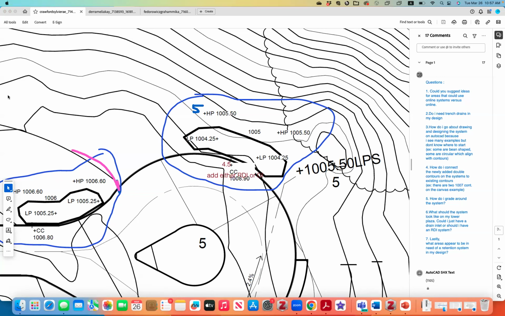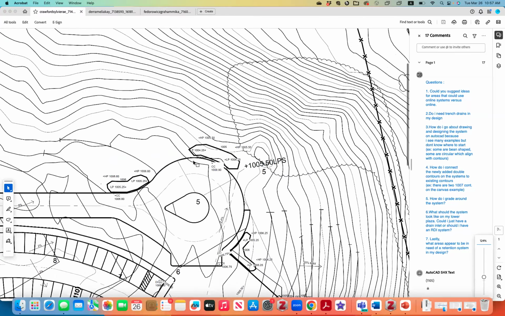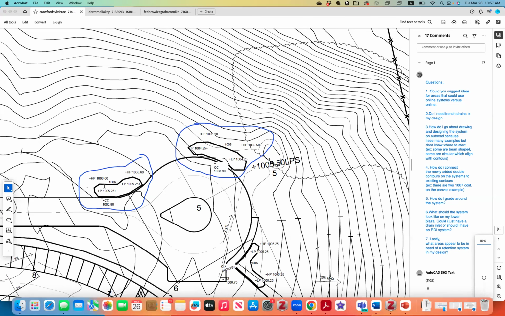Well, let me zoom out a little bit so that I can see where your other contours are. Yeah, that's right. Okay, you have a lot more room here than here. So yes, the 6, that's the original contour.